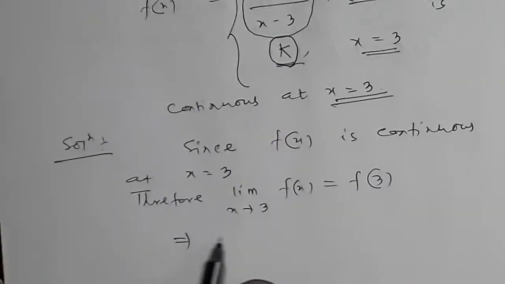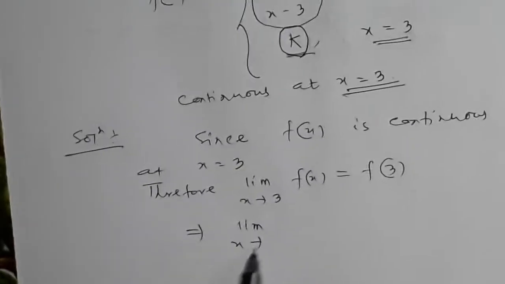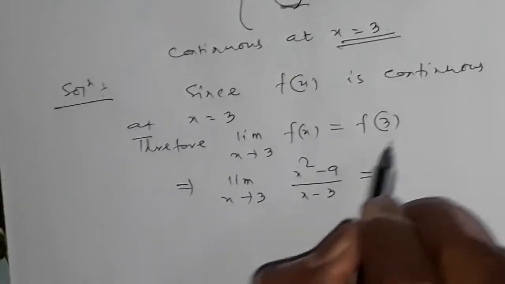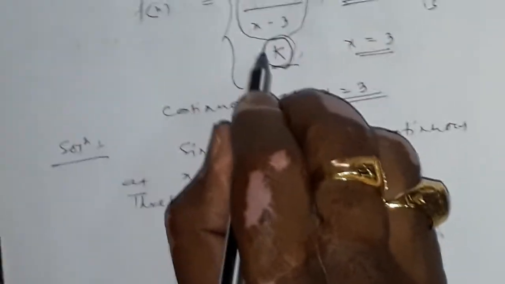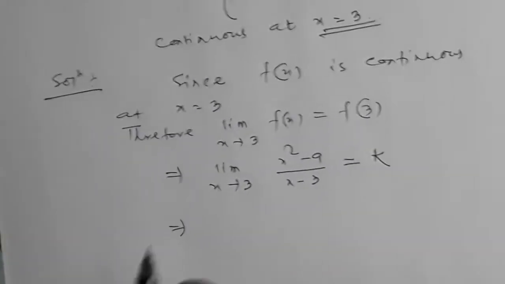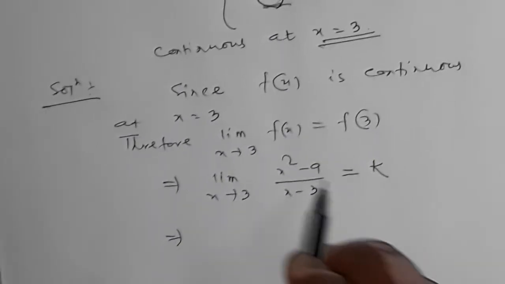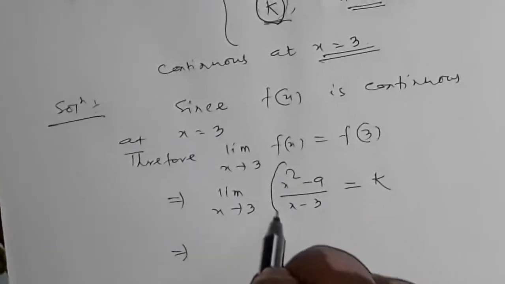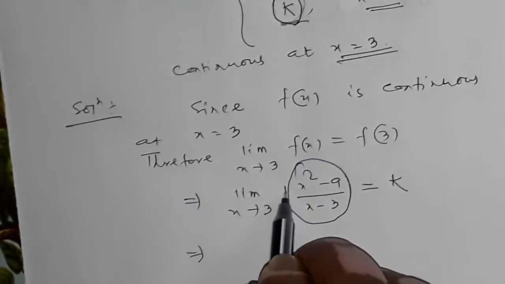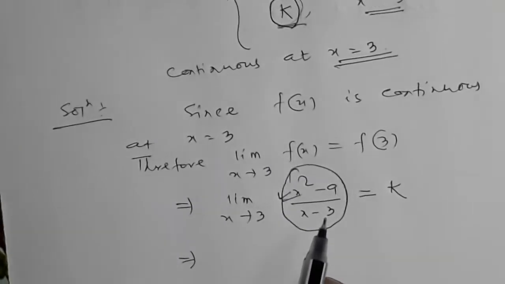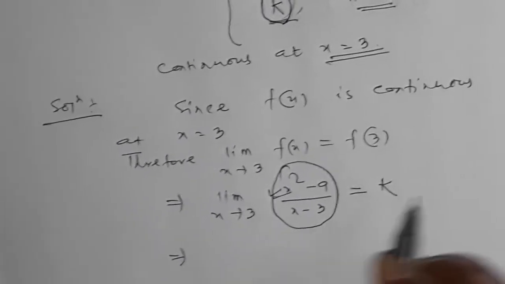This implies limit x tends to 3 of (x square minus 9) by (x minus 3) equals f(3). Here f(3) is k. When x equals 3, the expression (x square minus 9) by (x minus 3) assumes the indeterminate form 0 by 0.